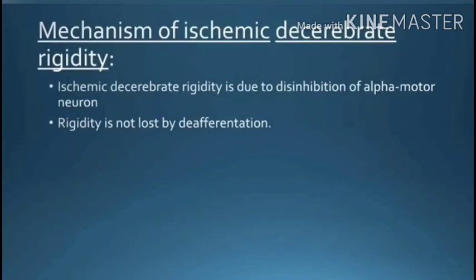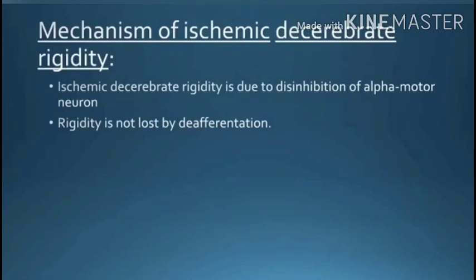So now a rigidity has developed, which is called alpha rigidity. This rigidity will not be lost if you cut the afferent nerve or give anesthesia to the afferent nerve. This is an alpha rigidity, and that was a gamma rigidity. This is the ischemic preparation, and that was Sherrington's classical decerebrate preparation.